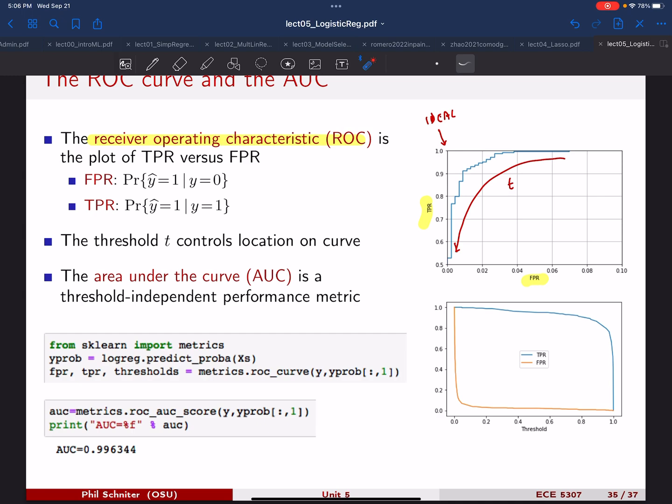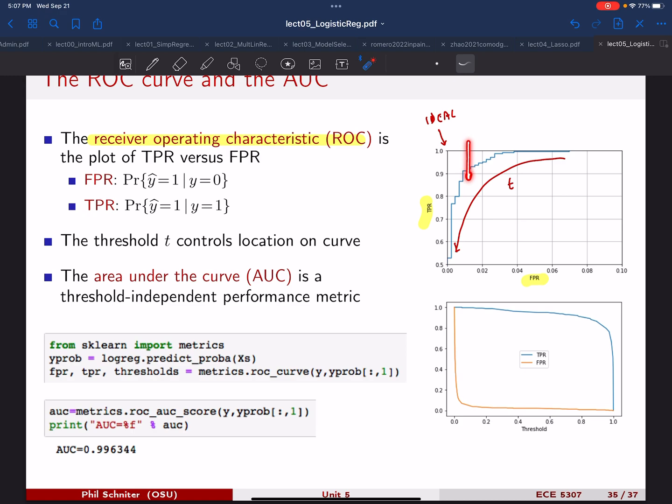You can see that it's not exactly clear whether this point here is closer to the corner, or this point here. There's some sort of trade-off. As you get near that corner, these are all good values. In practice, you might say, look, I really need my false positive rate to never be more than 0.1.